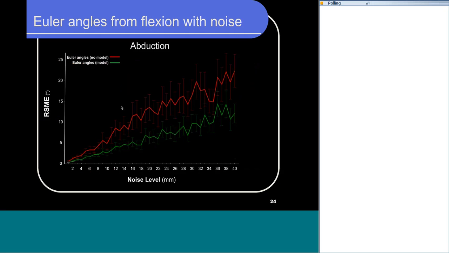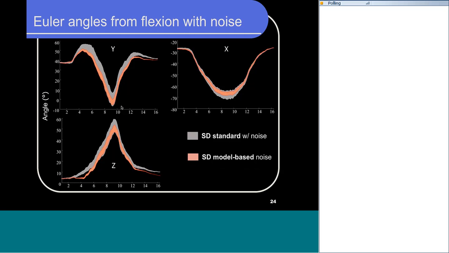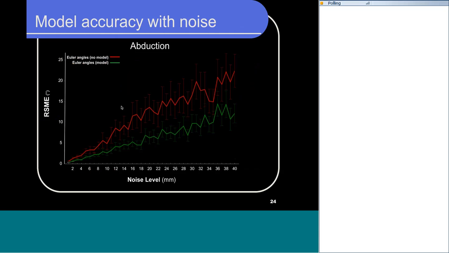So that was one noise level. Now we've repeated that over multiple noise levels, starting from 1 millimeter in that peak offset to 40 millimeters, which was the maximum that Mathieu et al. had measured.